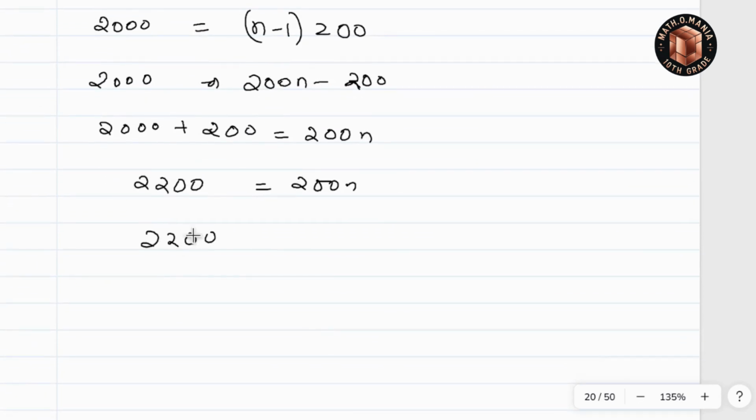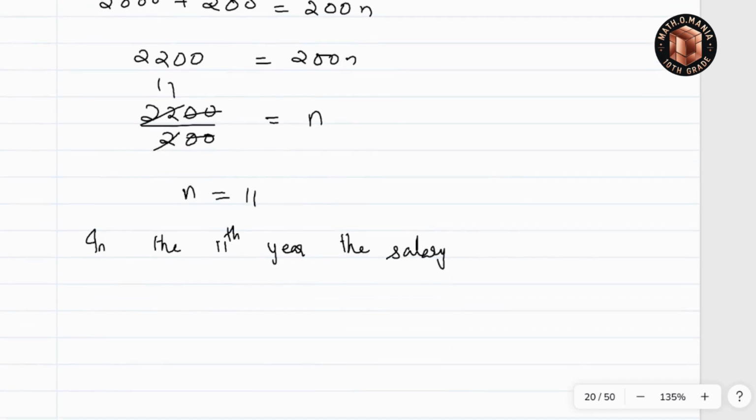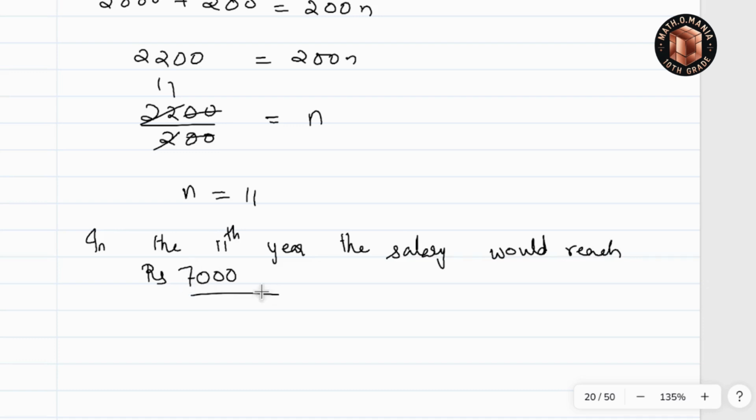That is 2,200 divided by 200 equal to n. The zeros cancel, this gives 11. Therefore, our n equal to 11. That means in the 11th year, the salary would reach rupees 7,000. Clear?